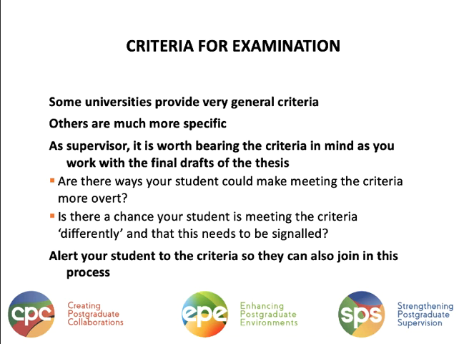What it means, of course, is that you need to be very familiar with the criteria to see if you can help your student to do this. And of course, you need to alert your student to the criteria so they can join in the process and make sure that their thesis has a good chance of meeting them when it's examined, as they try to work with you to bring that thesis to completion.